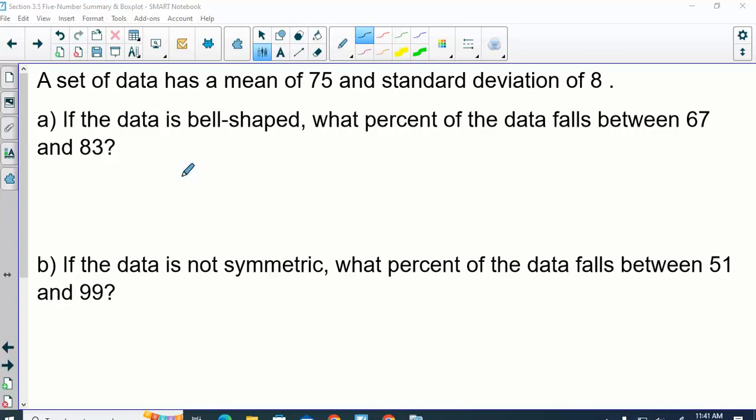So the empirical rule tells you it only works on symmetric data. Based on that, we can know how much should fall within each standard deviation of the mean. So the key is we have to know how many standard deviations from the mean we're looking at. So the mean is 75.